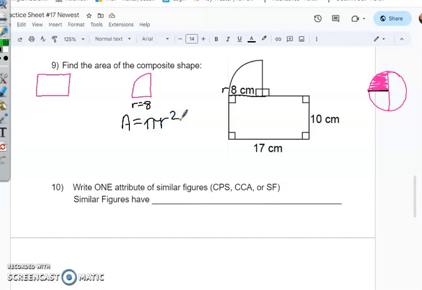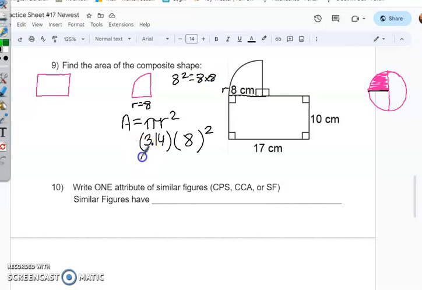Y'all are getting better at this. We're not perfect, so I'm just going to be nice. So we know pi, that's on our formula chart, 3.14. What's our radius? Our radius is 8. Remember, 8 squared means 8 times 8.